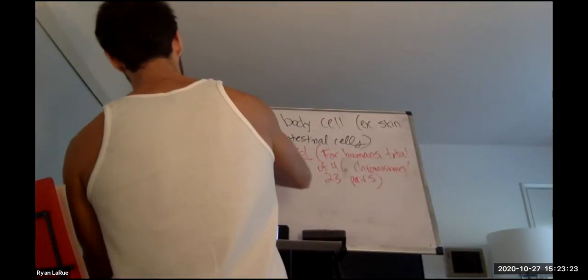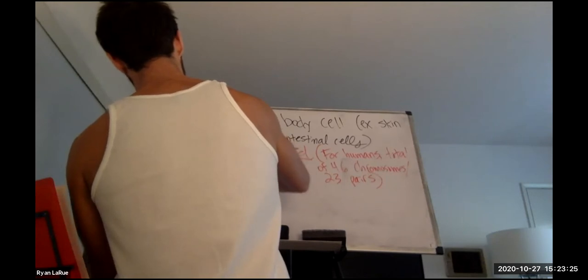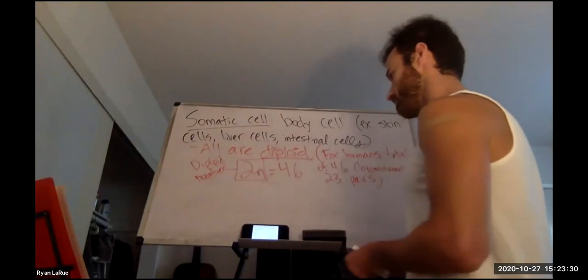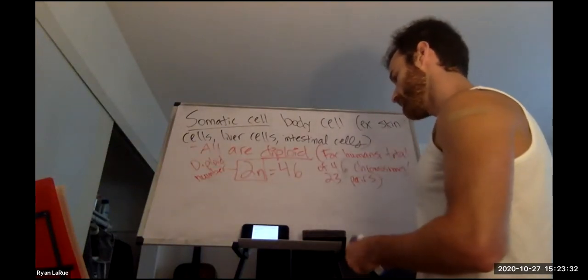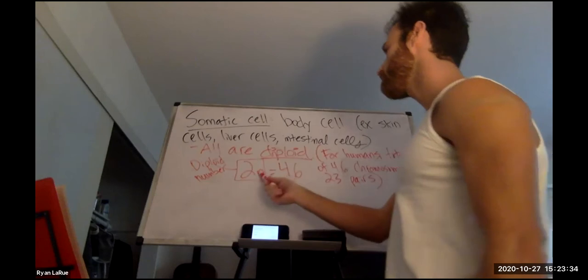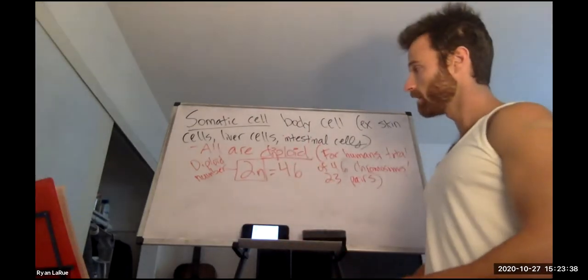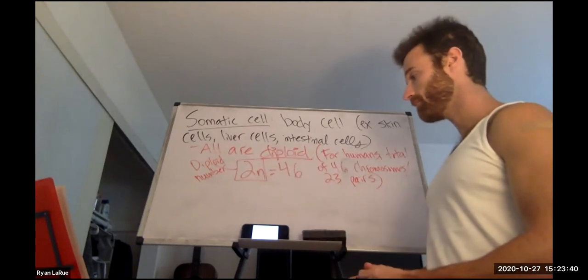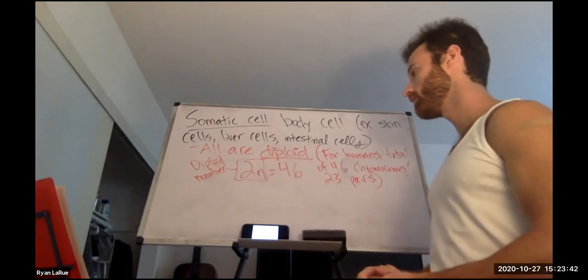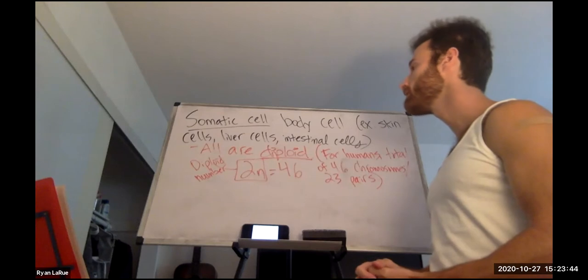This is the diploid number. And the N refers to the number of chromosomes in a single set. So N would be 23, right? And so we have 2 sets of 23 to get 46.